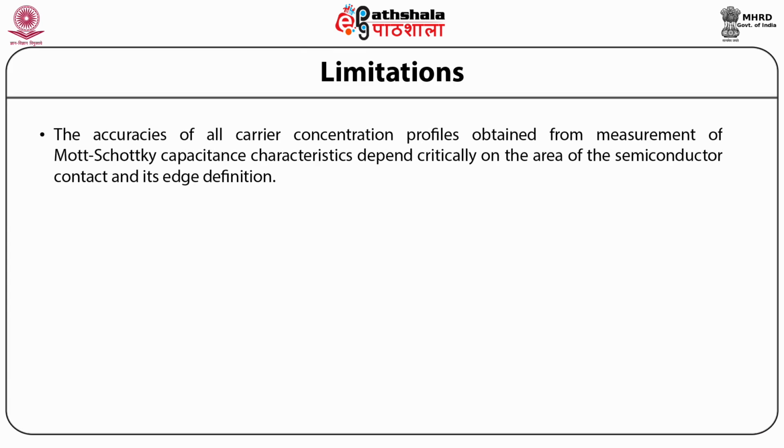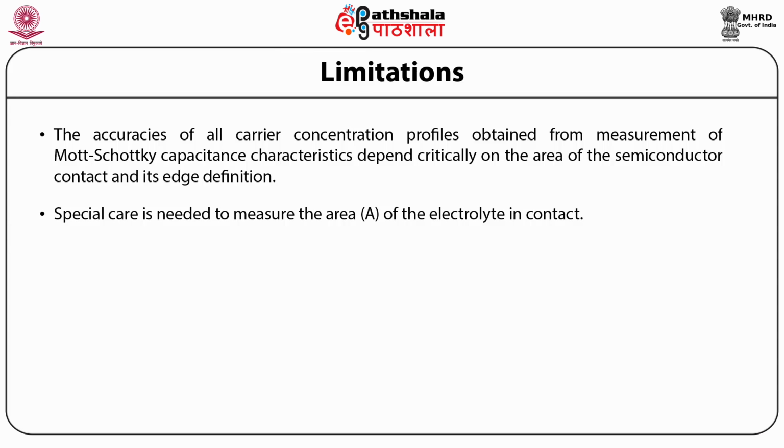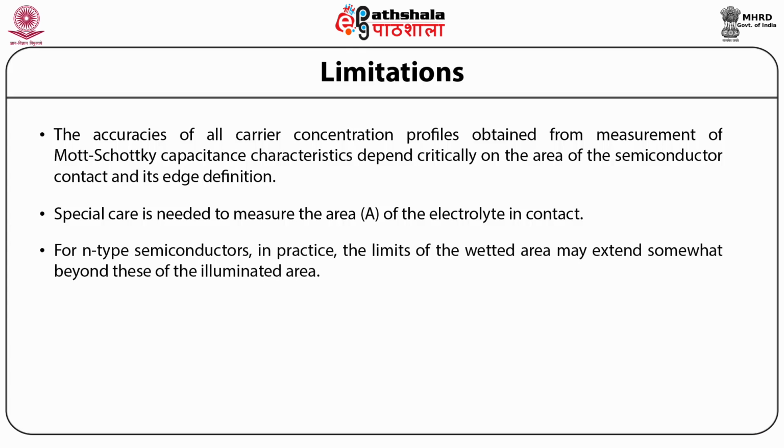The accuracy of all carrier concentration profiles obtained from the measurement of Schottky capacitance characteristics depends critically on the area of the semiconductor contact and its edge definition. Special care is needed to measure the area of the electrolyte in contact. For n-type semiconductors, in practice, the limits of the wetted area may extend somewhat beyond those of the illuminated area.